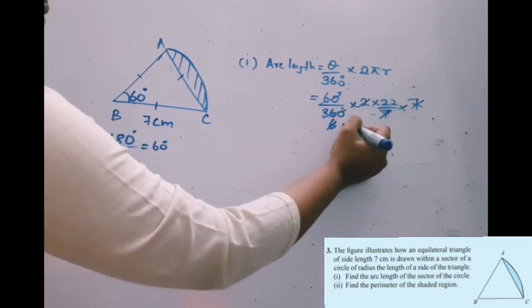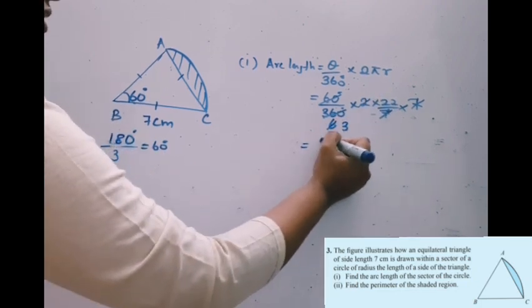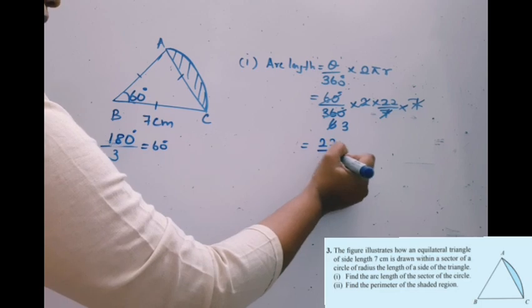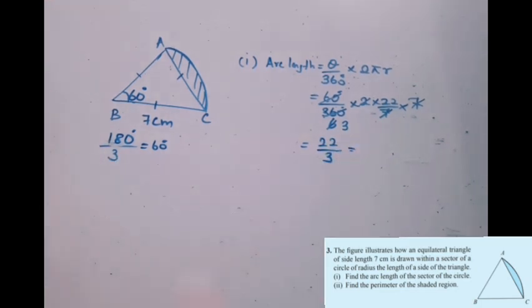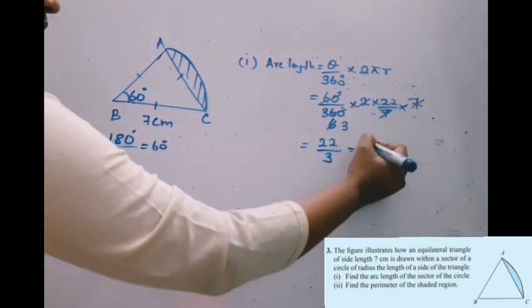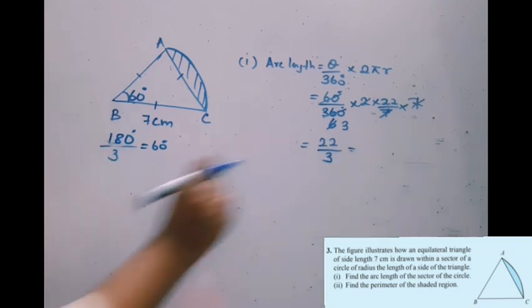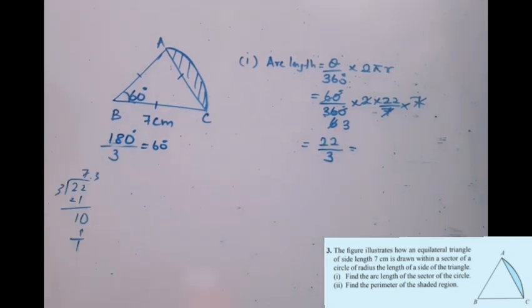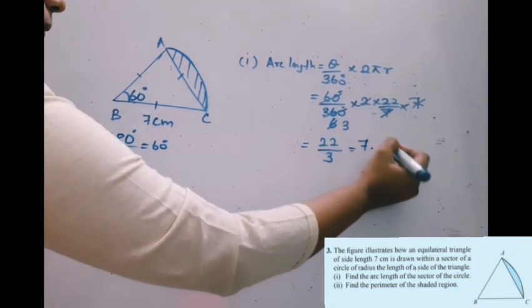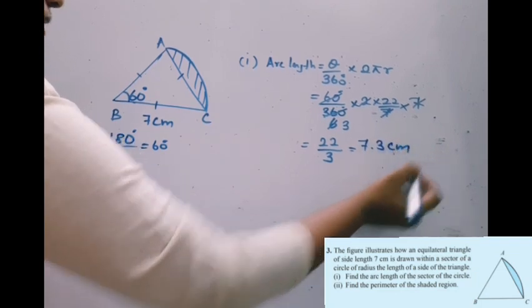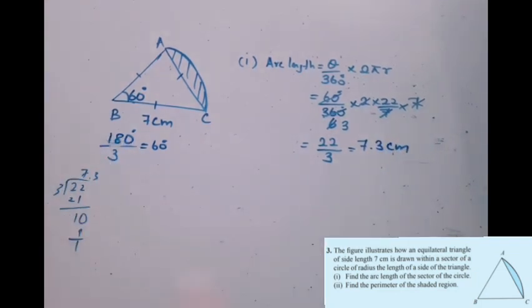Then 2 times 3 is 6, which is 22 by 3. You can write this as a decimal number as well. So it's going to be 7.3 centimeters. So let's move on to the second question.